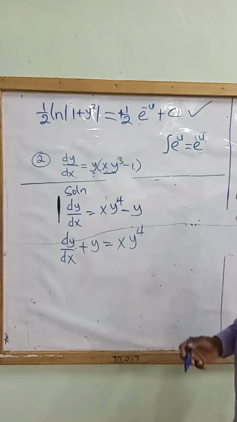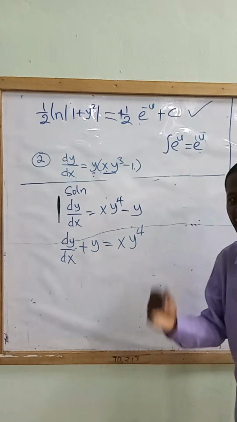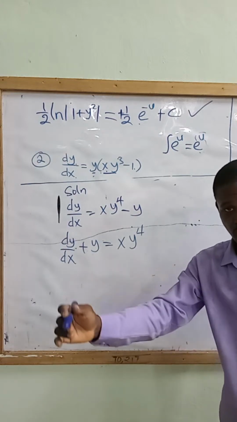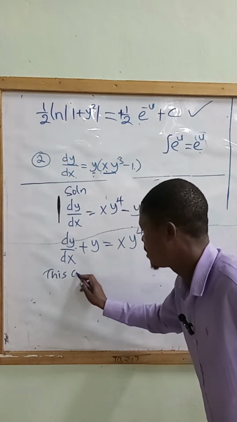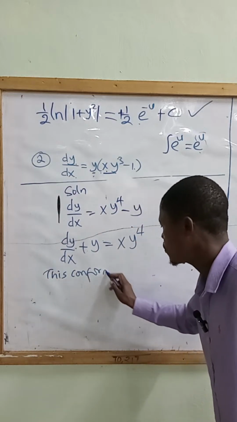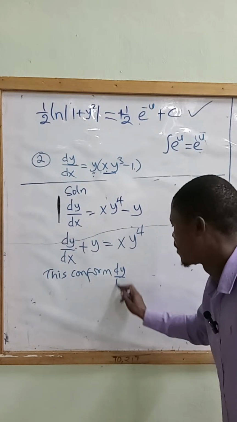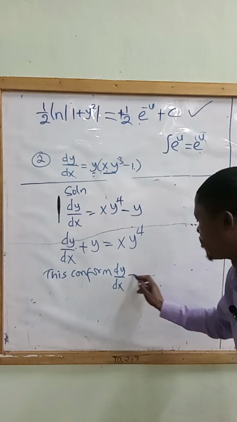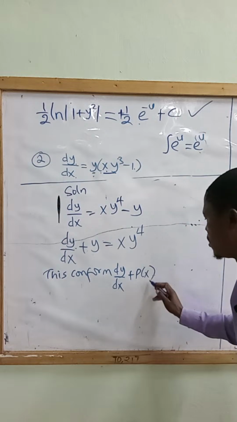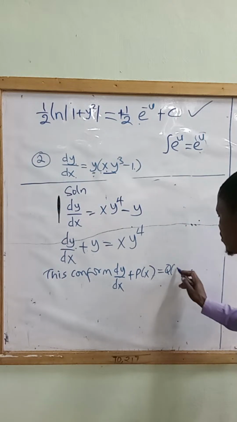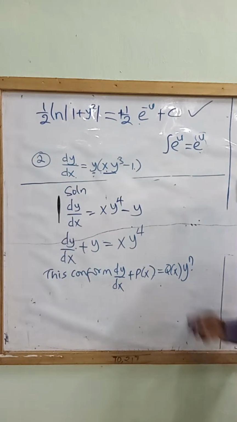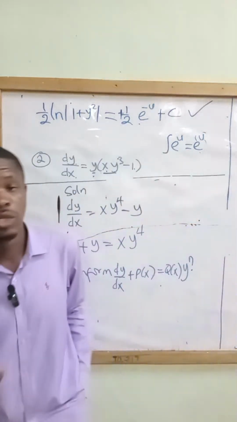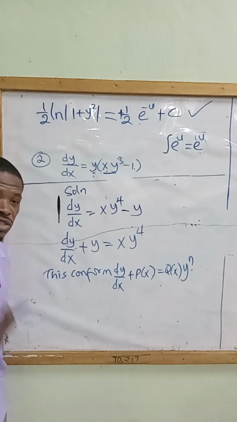If you look at this equation critically, you realize that it conforms to dy/dx plus p(x) y equal to q(x) times y to the power n. And this is what we call a Bernoulli differential equation.